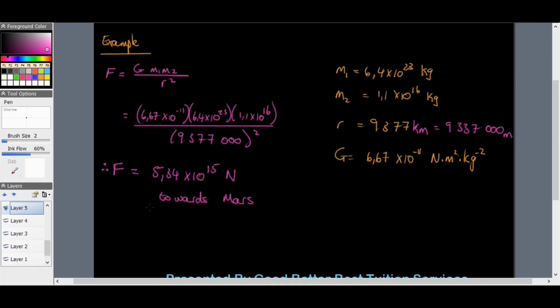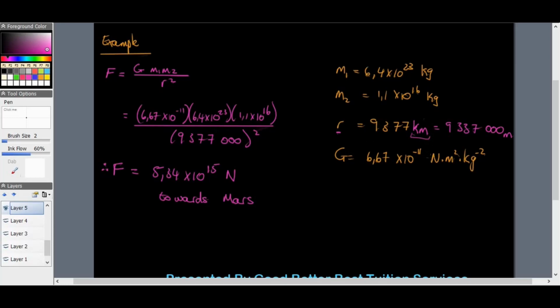Intentional mistake. The reason it's an intentional mistake is because that is a common mistake that students make. Most of the mistakes in these types of questions happen with this variable right here, R. Remember, I've been tutoring for a long time, so students make the mistake of either not converting from kilometers to meters, or from millimeters to meters, or from centimeters to meters.